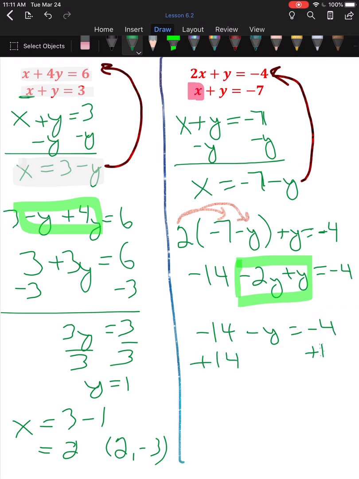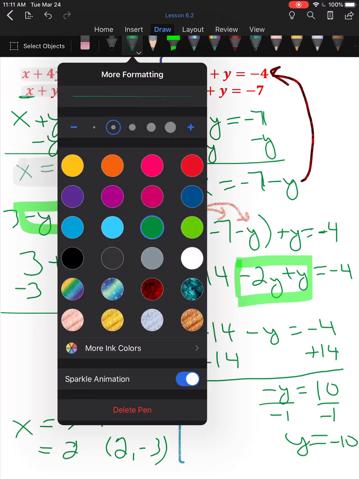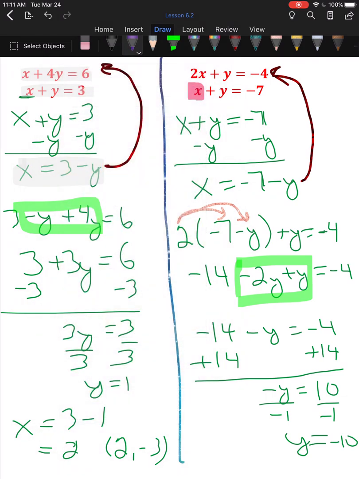And now it's a two-step equation. Add 14 to both sides to get negative y equals 10. And divide both sides by negative 1 to get y is equal to negative 10. Again, we got to plug this into an equation. And again, I'm going to use the one that already says x equals.